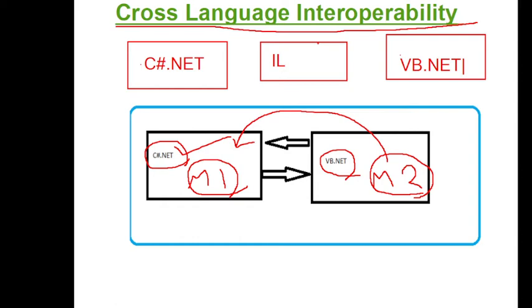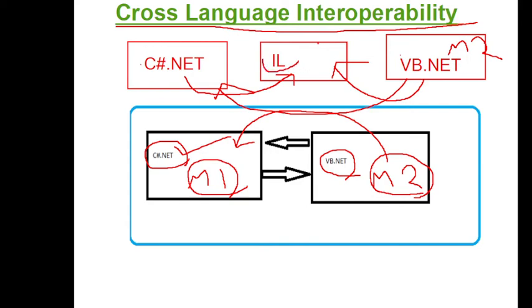So when C#.NET wants to consume the VB.NET application, that is method 2, first of all the VB.NET code is converted to the intermediate language, and the C# code also moves to the intermediate language.